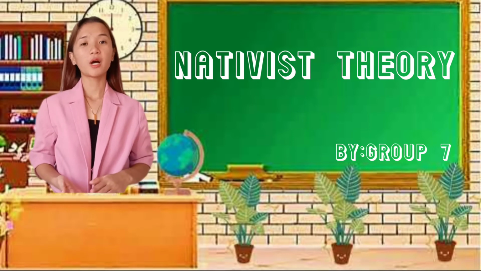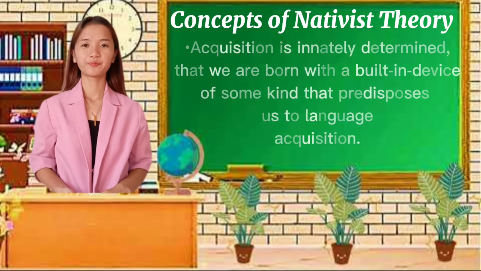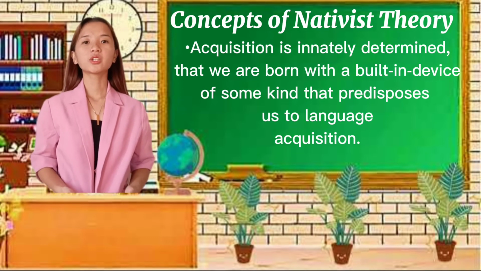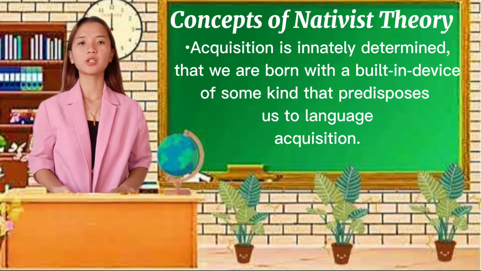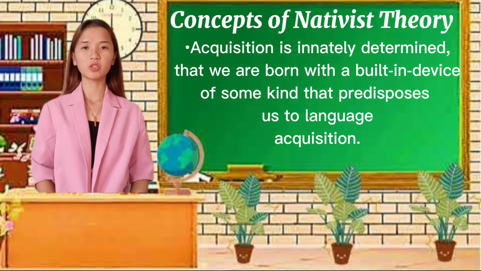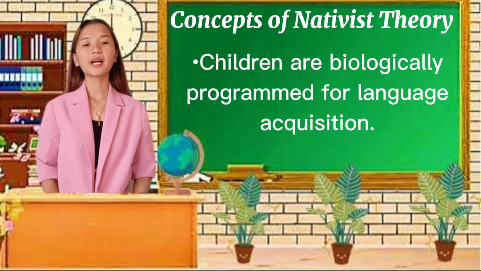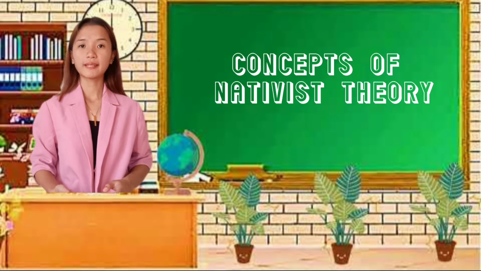So we will talk about Nativist Theory. Concepts of Nativist Theory. Acquisition is innately determined, that we are born with a built-in device of some kind that predisposes us to language acquisition. Children are biologically programmed for language acquisition. So this framework included three parts.